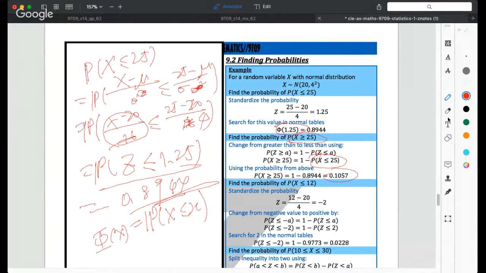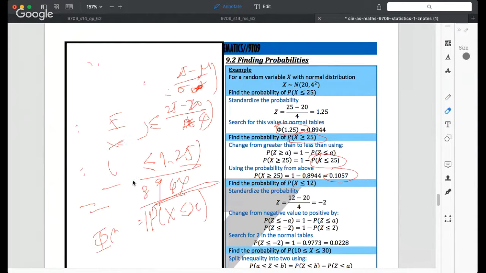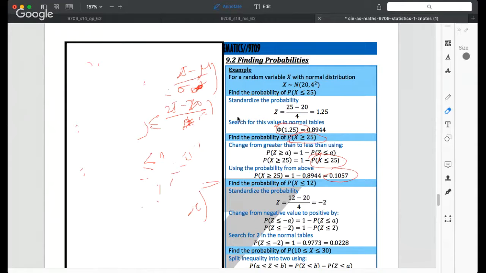And what about next? Next is a bit trickier than the previous part. So doing the same thing.